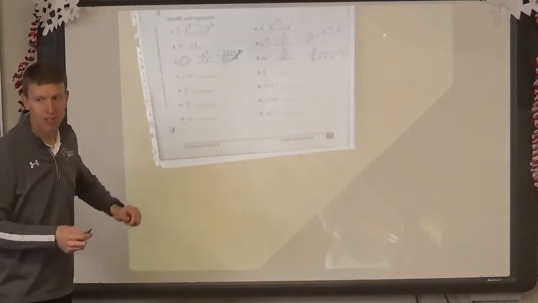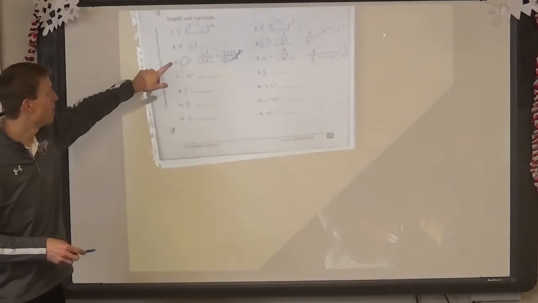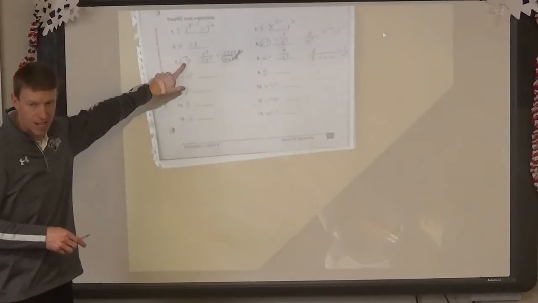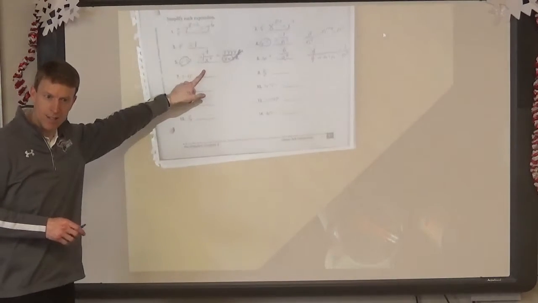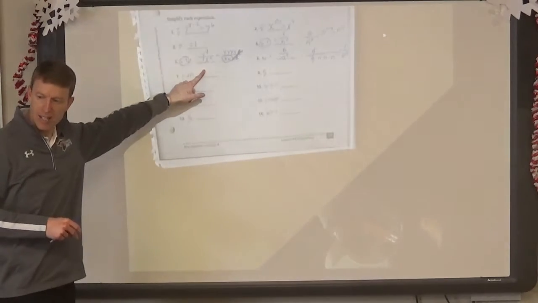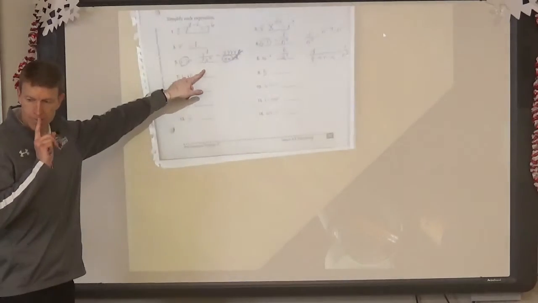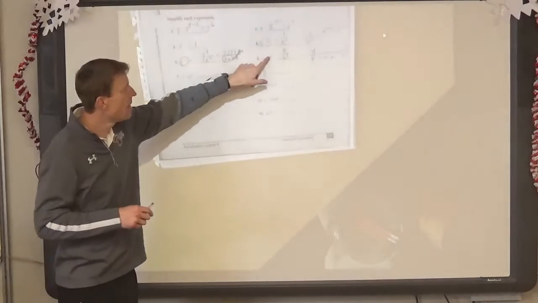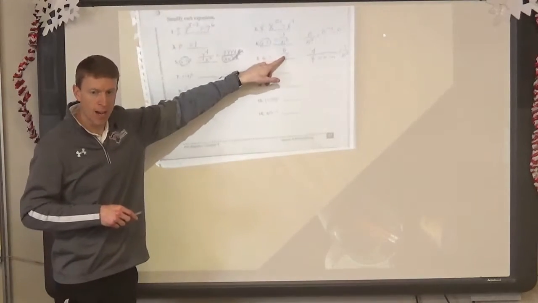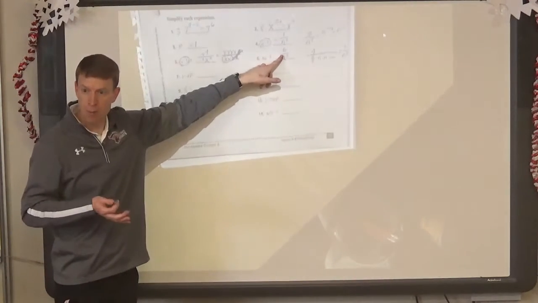But that seemed confusing to you. So maybe just remember that a negative exponent, when you move it to the denominator, becomes positive. Just like a to the negative third, when you move it to the denominator, becomes positive.